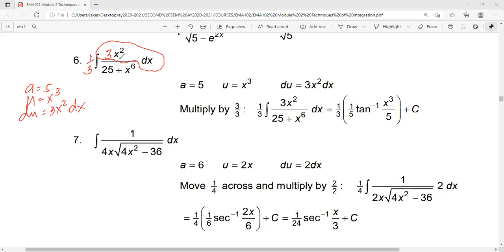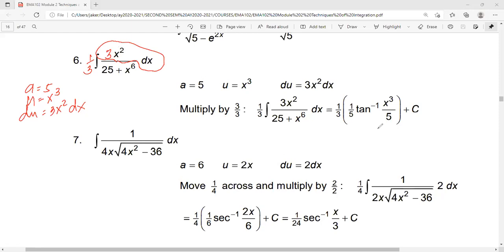So the formula of the arctan is 1 over a. So you have here 1/5 the arctan of the u, which is x cubed over a, which is 5. The 1/3 that is being multiplied to this answer came from the 1/3 here. That completes the 3, which makes it 1, that is needed for the derivative of your u.